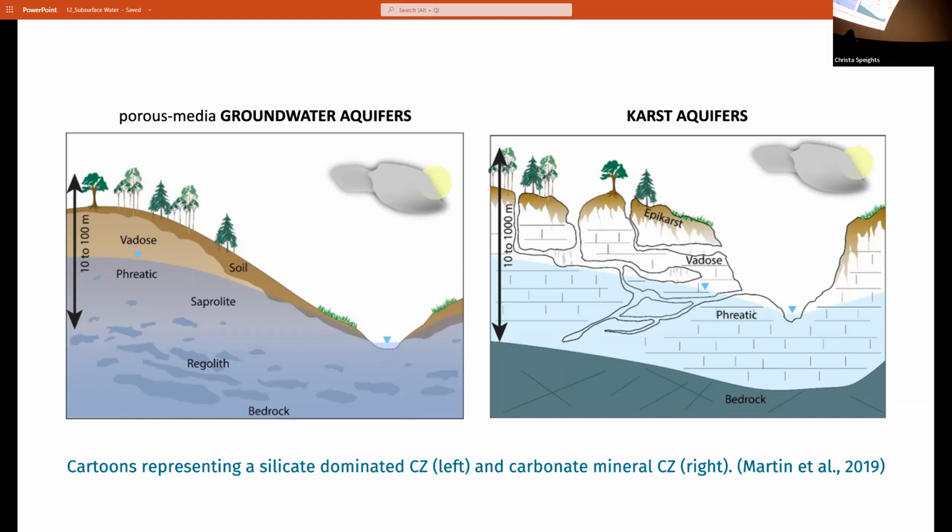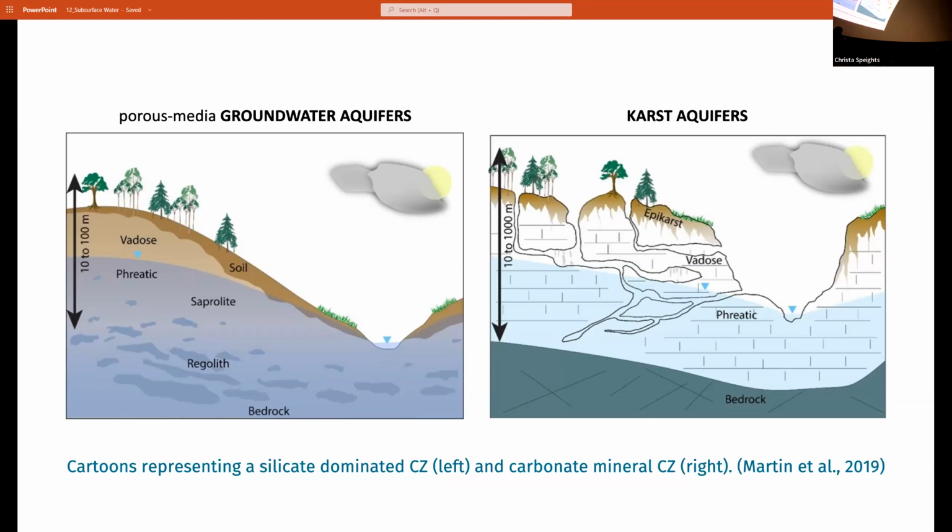In both types of situations, you have a vadose zone. That's where groundwater moves through the material, but it's not stored there. So it's not a permanently wet area. And then we have our phreatic zone, which is the zone in which there's water pretty much all the time.